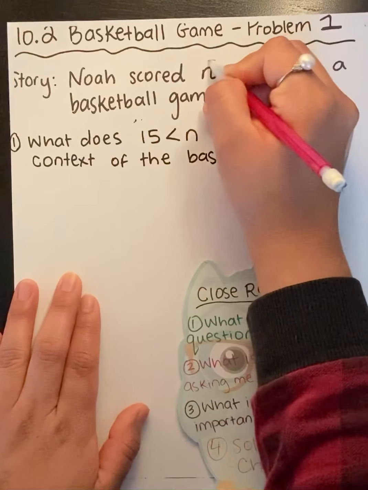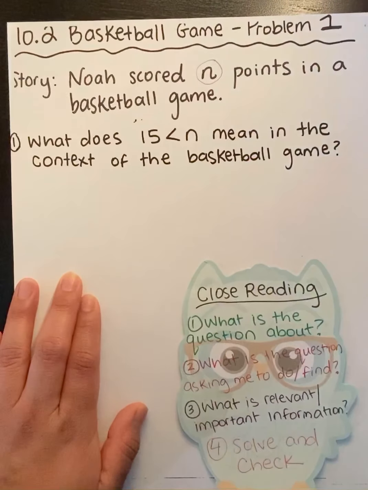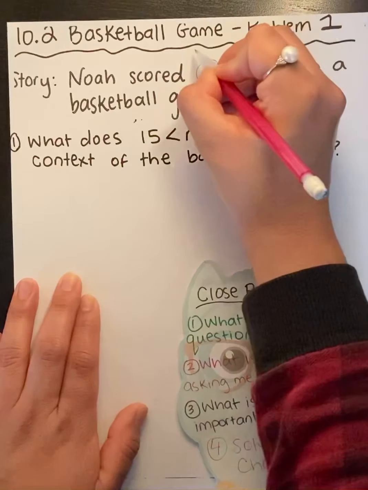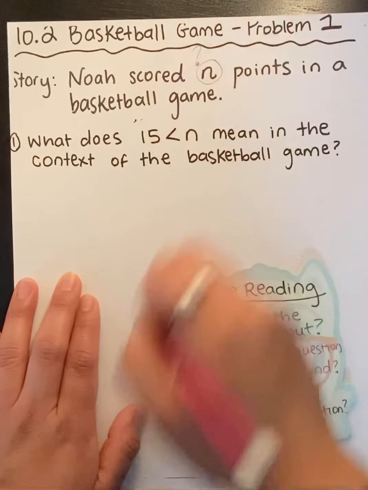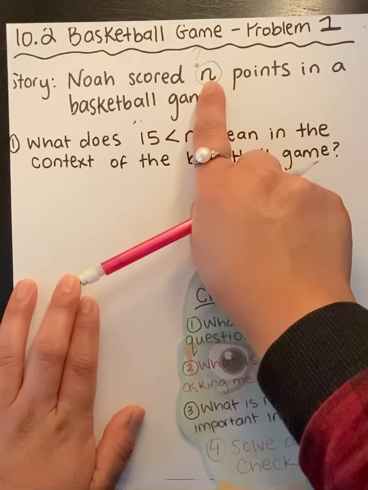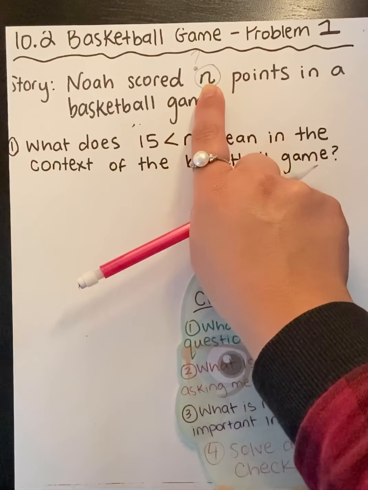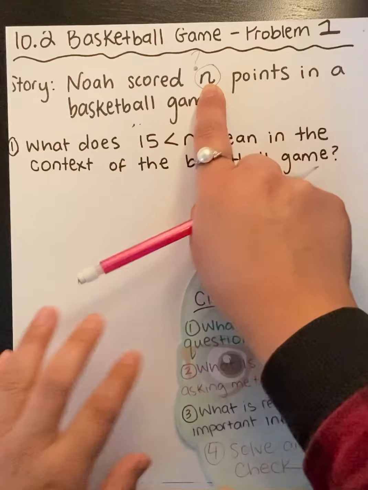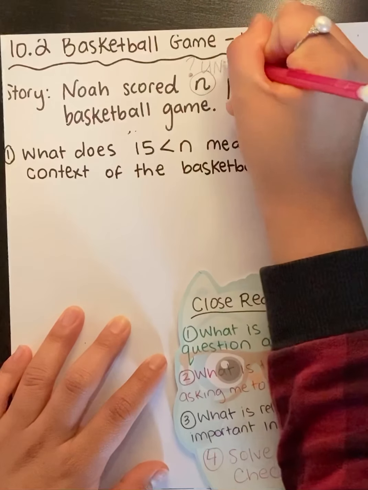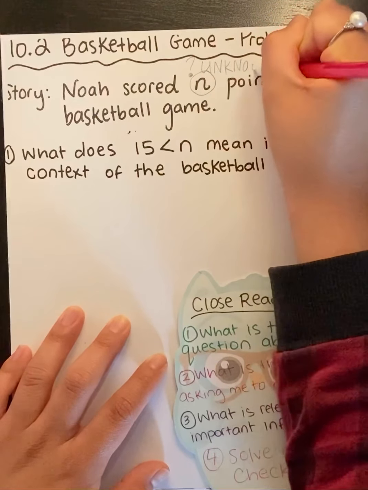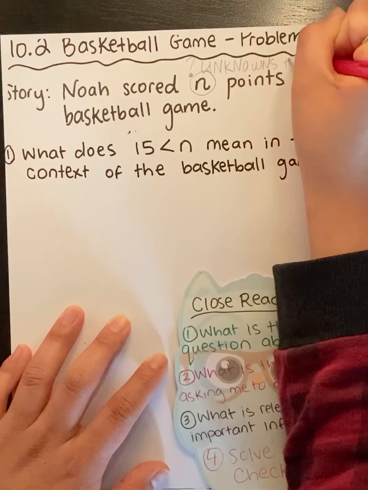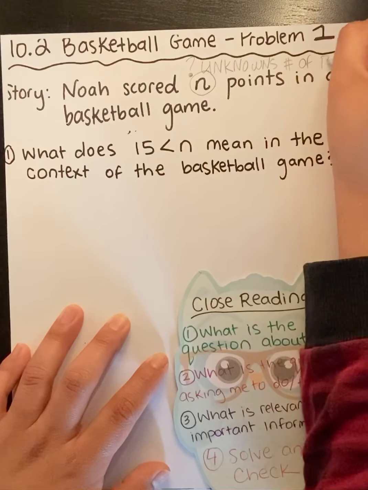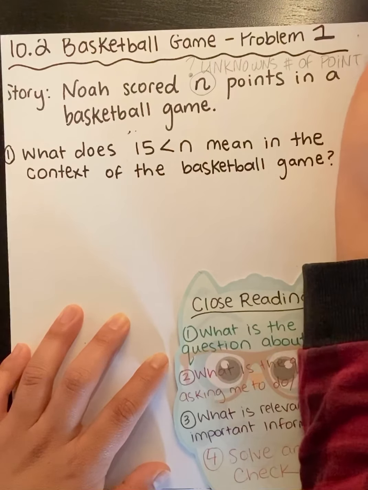Oh, so N is a variable, which means we don't know the number of points that Noah scored. To make it very clear for my brain, I will annotate this in the story. Unknown number of points.